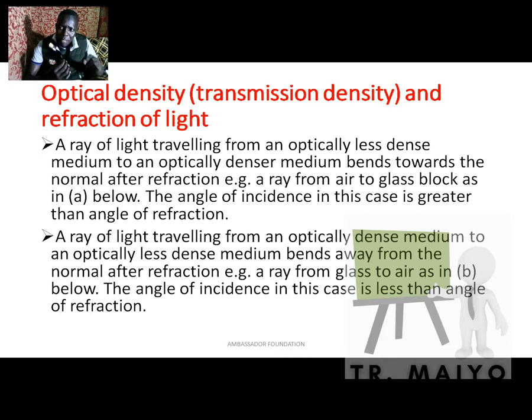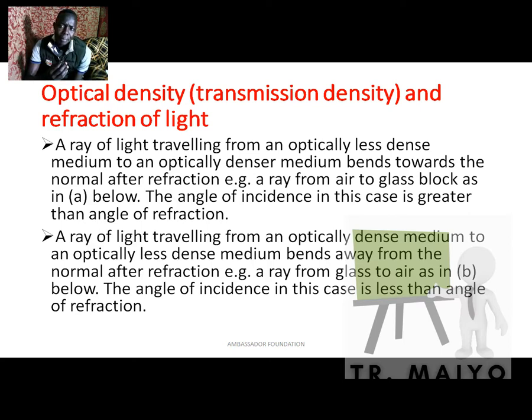But now, the physical density, we know that water is denser than maybe paraffin. Sometimes it does not work here. Though in most cases, the materials which are physically denser are also optically denser. But we have some few case examples.